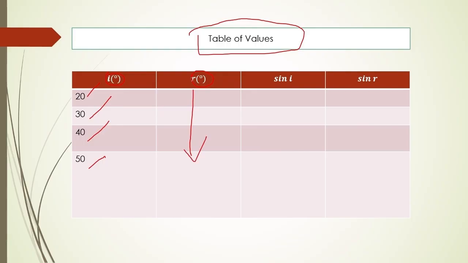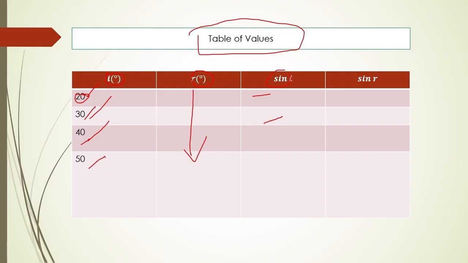So now you come to the column for sine of I. Using our calculators, which are set in degree mode, you press sine of I. Our I is 20, so you press sine of 20 and record the value here.